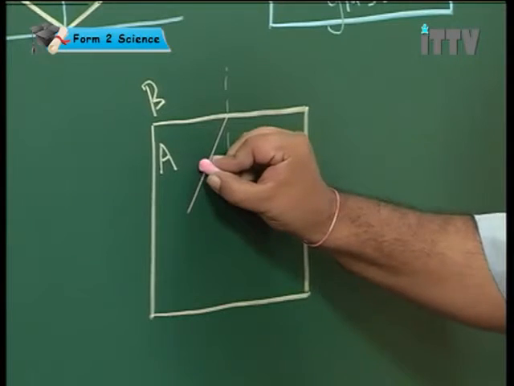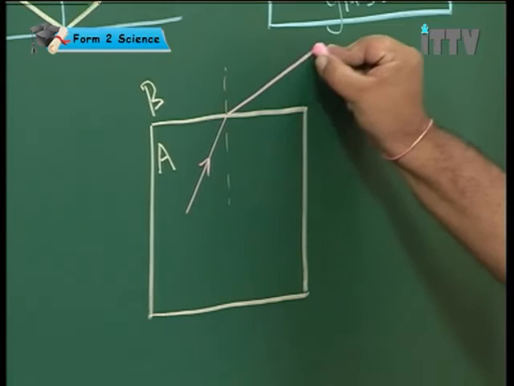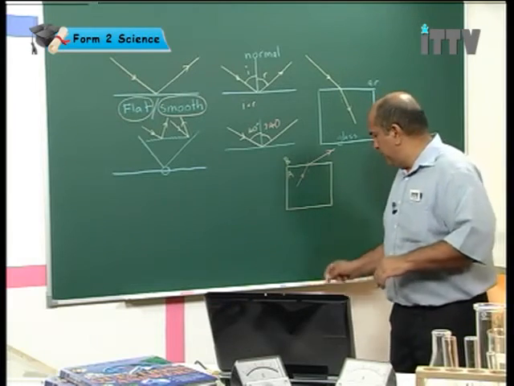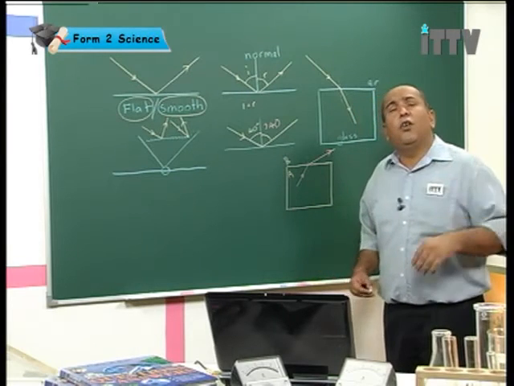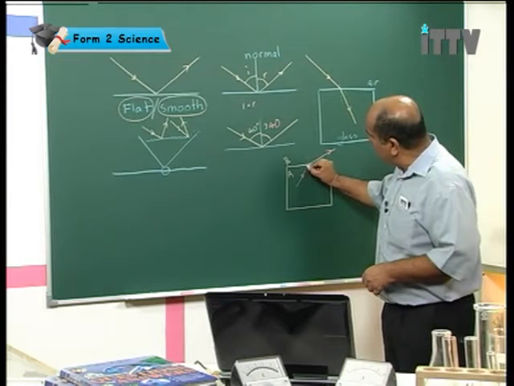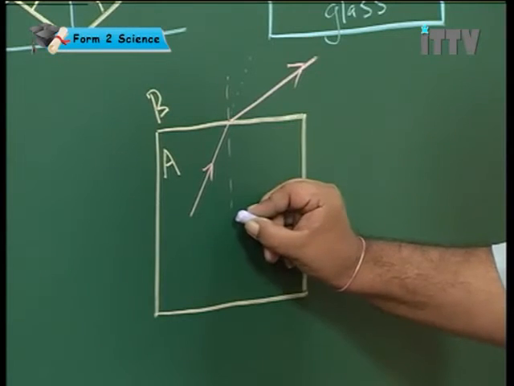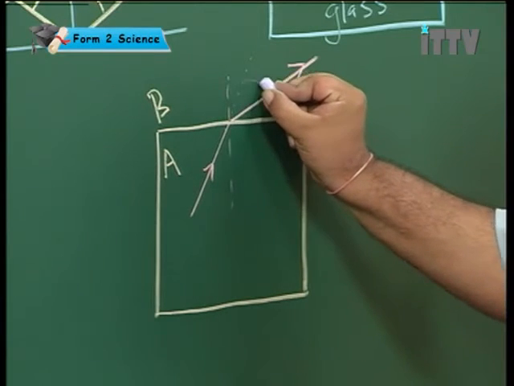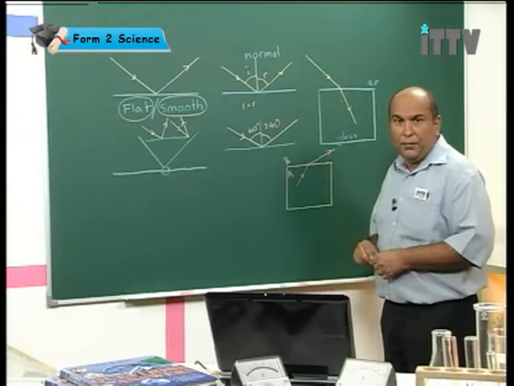I have a light ray going this way and then going this way. Let's do the first part. Is it going towards or away from the normal? So if this is the original light ray here, it should go straight. In fact, what we see here is it's going away from the normal.